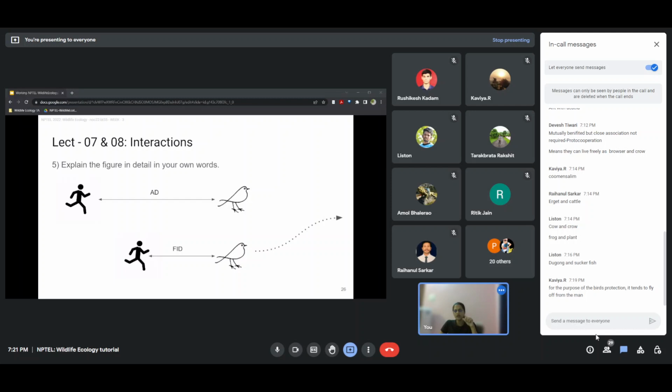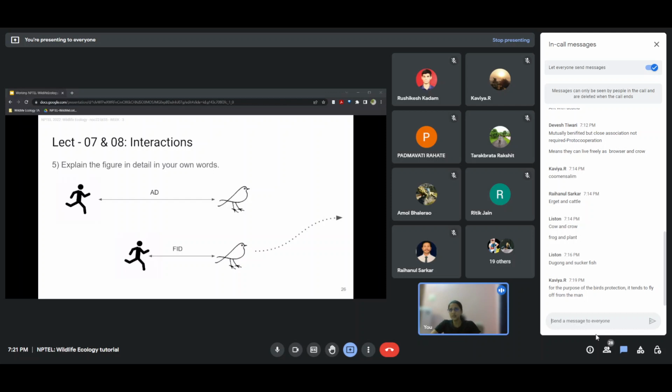They are small birds with a crest on their head. They are much smaller and much more jittery than crows. So their flight initiation distance would be a larger distance. They won't let you come really close to them.